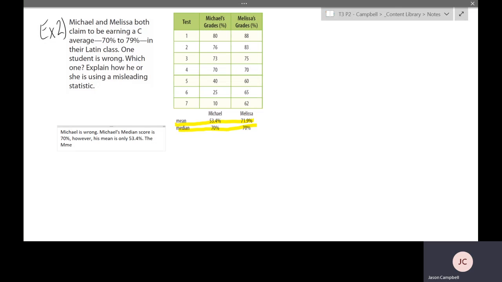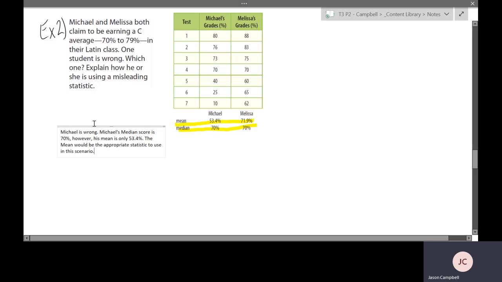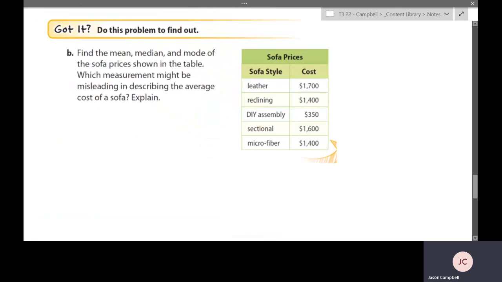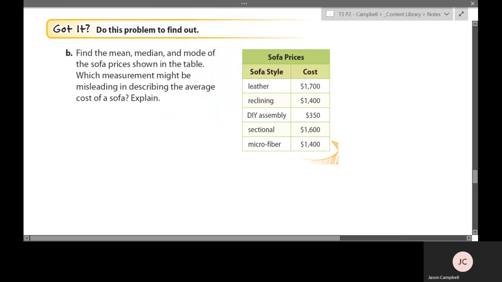The mean would be the appropriate statistic to use in this scenario. Go ahead and try Got It B and then resume this video when you are done.